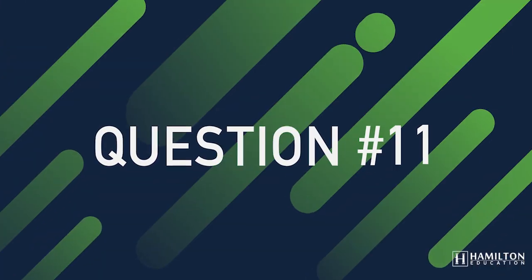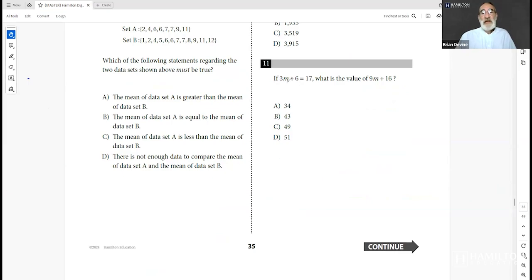Well, we've been through that. Question 11. If 3m plus 6 equals 17, what is the value of 9m plus 16? Well, when I see something like this, I know that if I multiply 3m by 3, I get 9m.